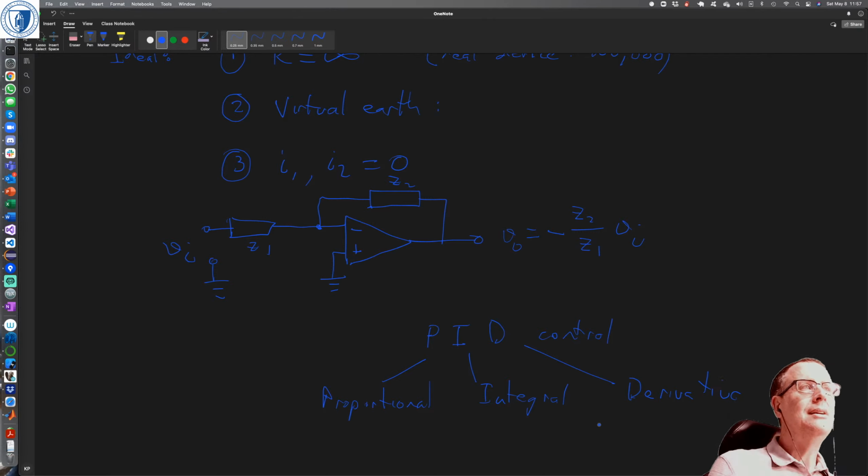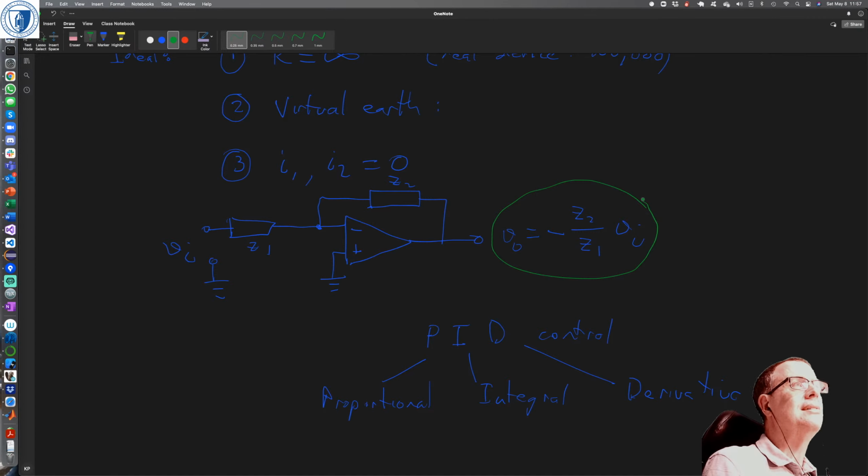So you may need to do something like this, right? Put some gain, particularly with strain gauges. They often generate very small voltages, and sometimes you're better off amplifying those very small voltages using a simple op-amp amplifier.